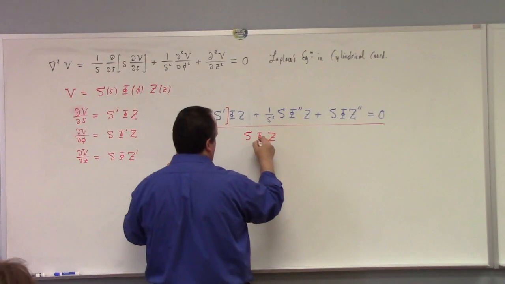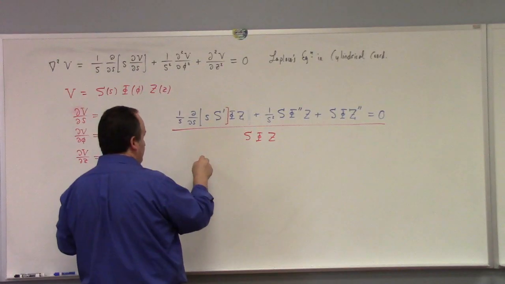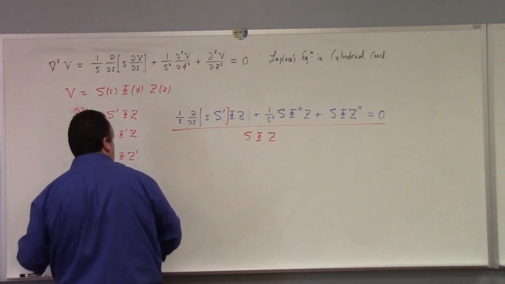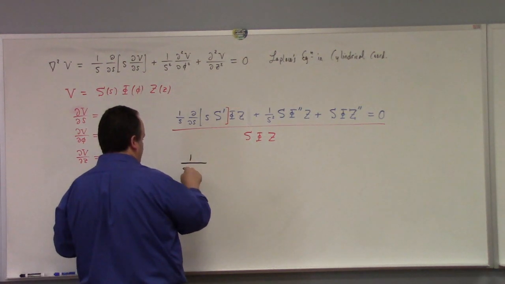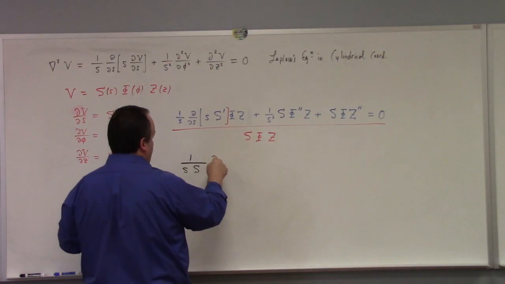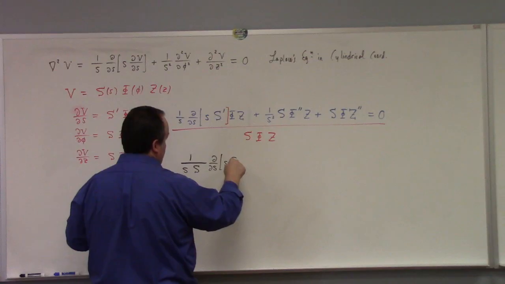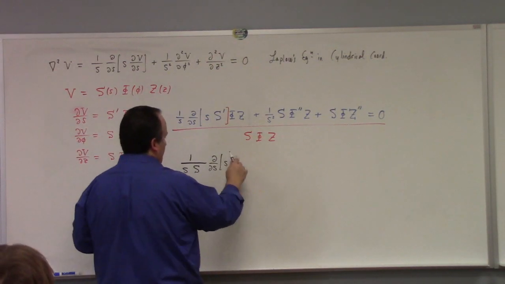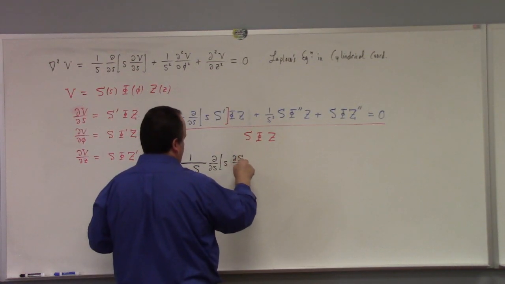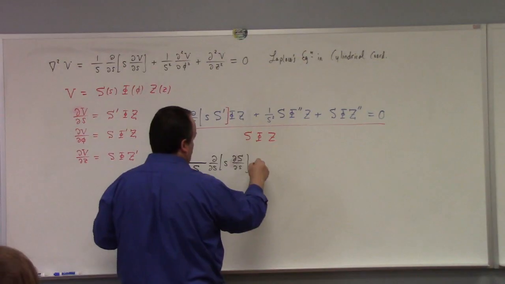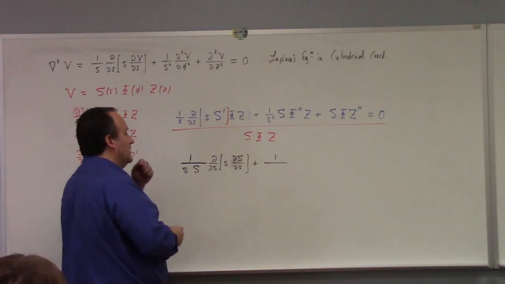All right? And what that gives you is 1 over little s times big S, partial s, little s times big S. My bad. S prime, I should rewrite as, oh fine, d big S, d little s, plus 1 over, let's see here.